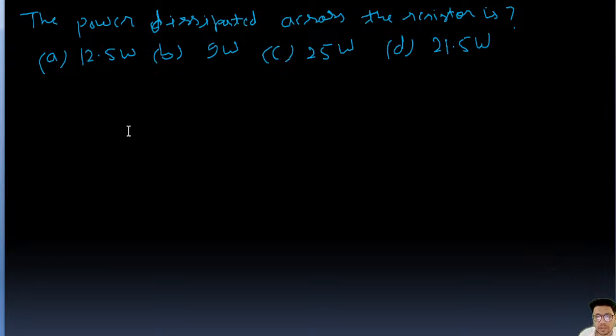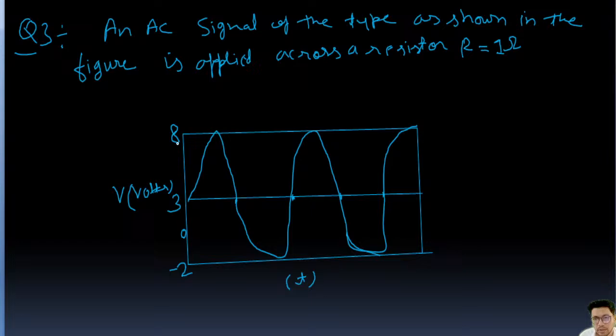First we'll find the peak value of voltage. The peak value, that is Vm, is 5 volt. From the question we can see it is 5 volt here. This is 3 volt, this is 8 volt, and from here the maximum is 5 volt.